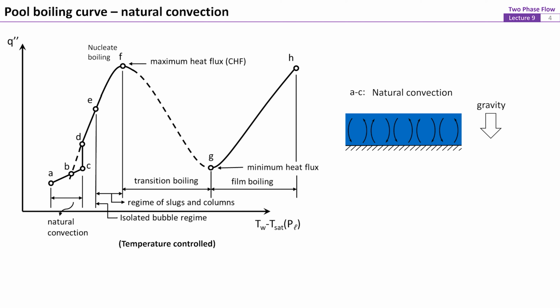Assuming the direction of gravity is downwards, then the hotter fluid flows upwards due to buoyancy, and the colder fluid sweeps downwards to contact the hot surface. This circulation leads to the typical natural convection, and the heat transfer increases gradually and slowly with increasing excess temperature. This is the regime between A and C on the boiling curve.